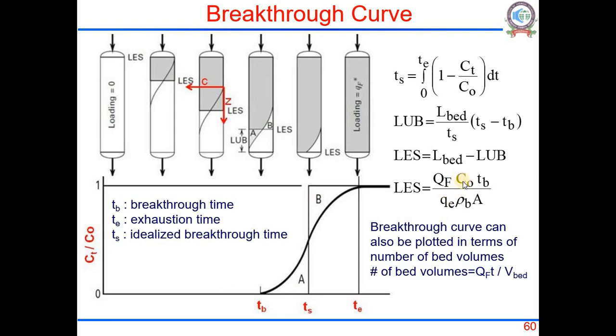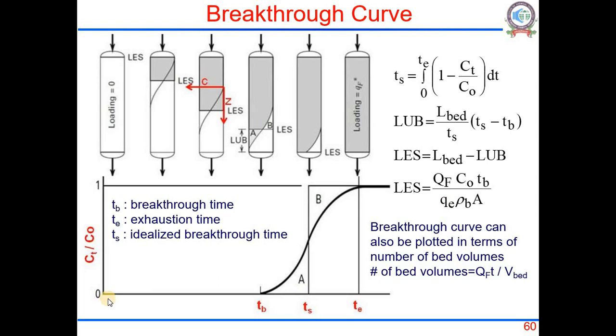So you can get this from the adsorption isotherm, though some of the resin in the bed would not be accessible in a free form. So this QE also can be a fitted number. What is the equilibrium value of the solute inside the adsorbent in equilibrium with this C0? This QE can be back calculated from the length of the equilibrium section. It may or may not be equal to the value that we have measured from the isotherm. Usually it is slightly lower than what we measure from the isotherm.